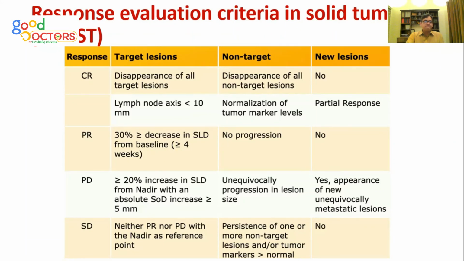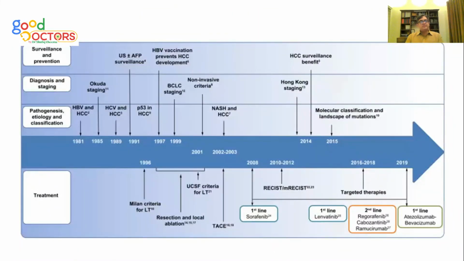So ladies and gentlemen, we have come a long way from diagnosis, from serological markers, from imaging studies, then liver transplantation, and last few years have seen a lot of development in terms of chemotherapy, and new drugs are coming forward with which the outcome has started moving better and patients have started surviving better with hepatocellular carcinoma.